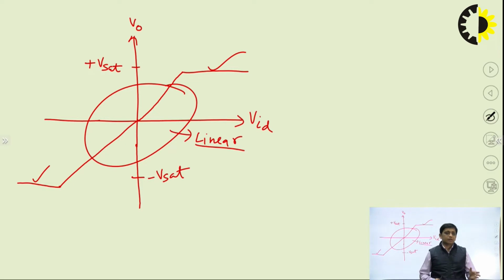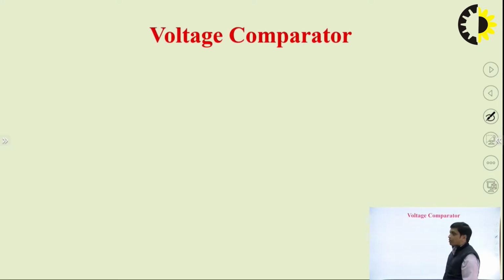You can use negative feedback in various circuits, like integrators, differentiators, and positive feedback can be utilized in oscillators. But open loop configuration of op-amp is basically used in voltage comparator. It compares two input voltages. So coming to that topic, voltage comparator. This is one of the applications of open loop configuration of op-amp.